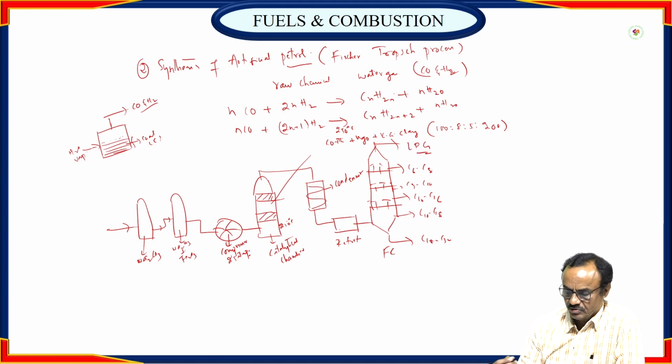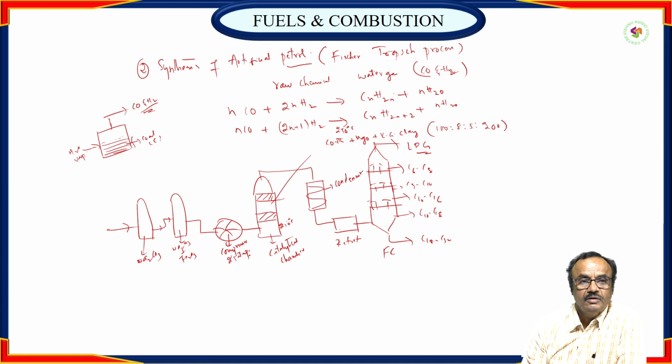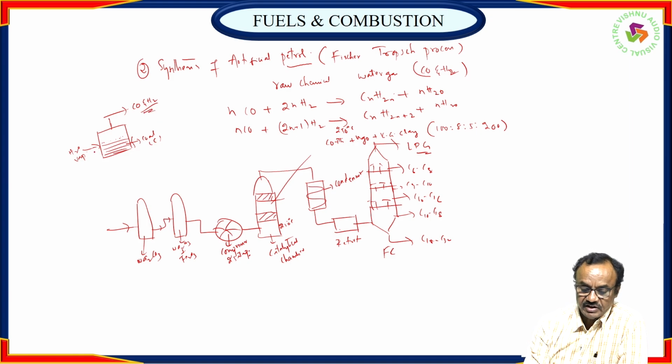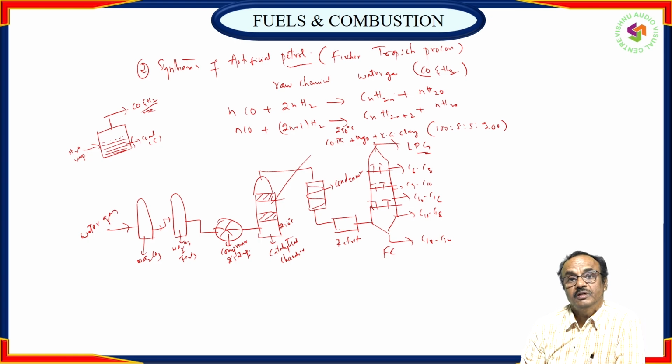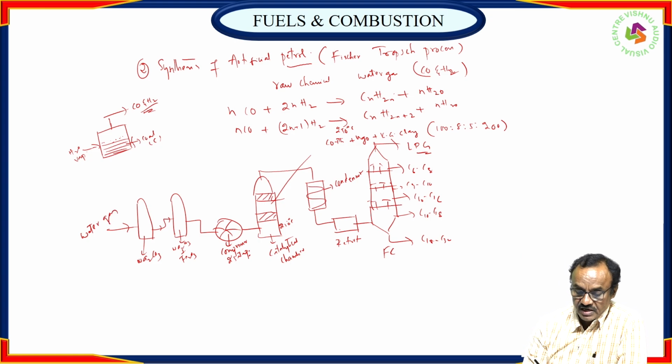Right? Same as already discussed. Water gas is extracted by this process. The raw material we use for extracting water gas is coal vapor. This gas still contains impurities like sulfur.